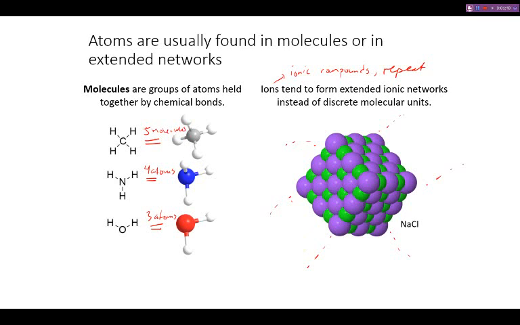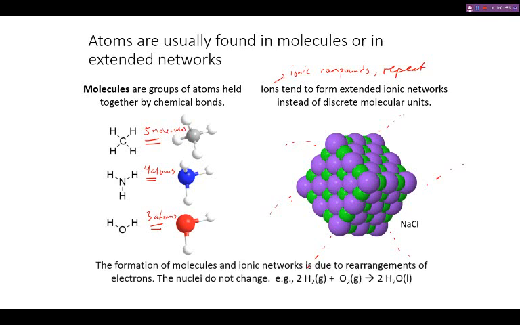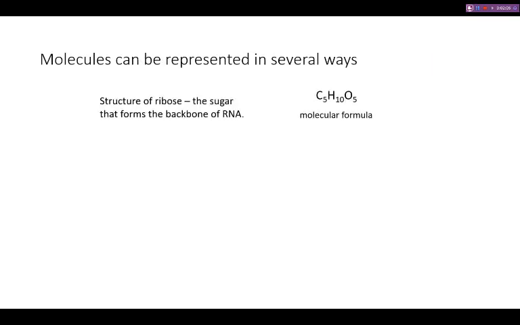The reason why we need to talk about this is because today we're going to learn about Avogadro's number and look at millions and millions, in fact billions and trillions of molecules and atoms all at once. Molecules and ionic networks form due to the rearrangement of electrons. The nuclei, the number of protons and neutrons, don't actually change, but it's the electrons that do all the chemical work, and that's going to become important later on.